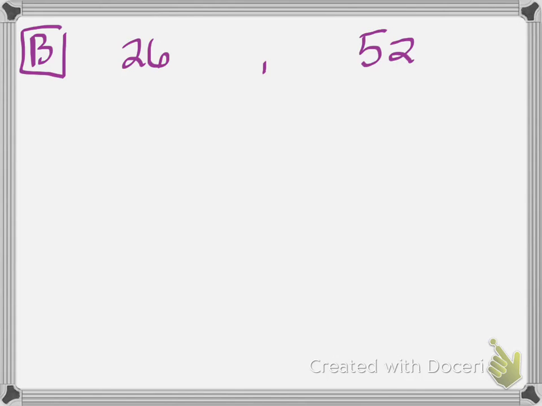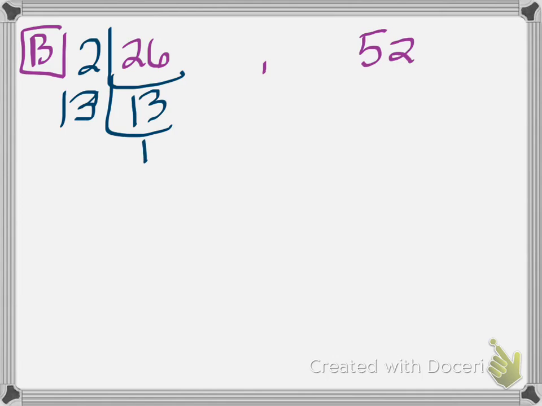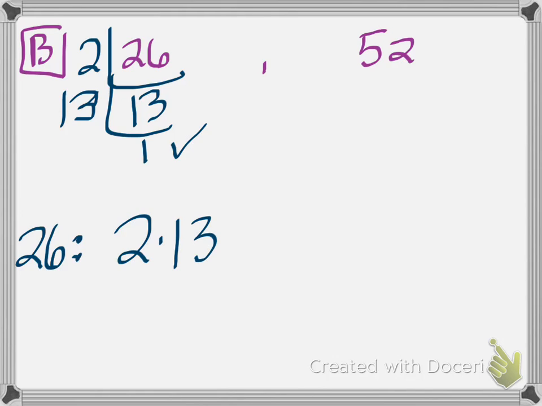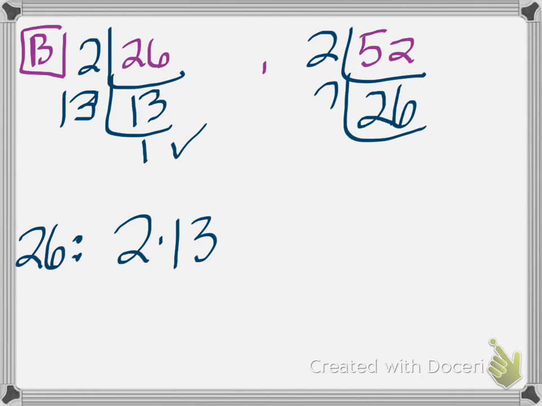Let's try another one. The greatest common factor of 26 and 52. 26 divided by 2 is 13. 13 is prime, divided by itself, so I end with a 1. That means 26, the prime factorization is 2 times 13. 52 has a factor of 2, and that goes in 2 times 26. Has a factor of 2, leaves me with 13, divided by 13, and I've got a 1.